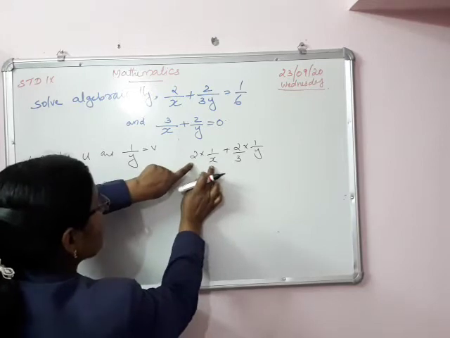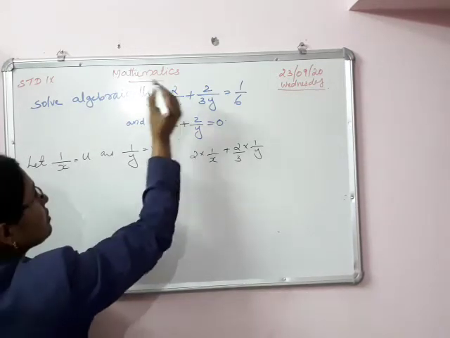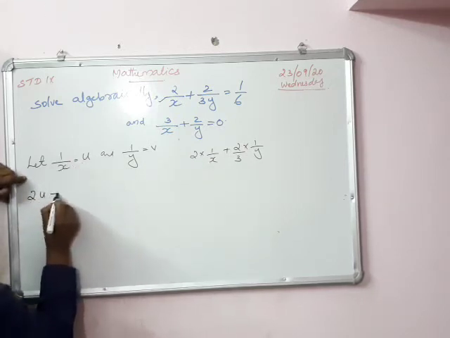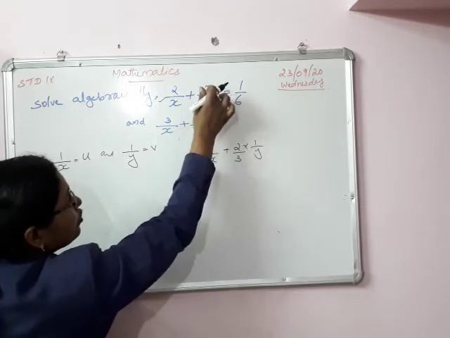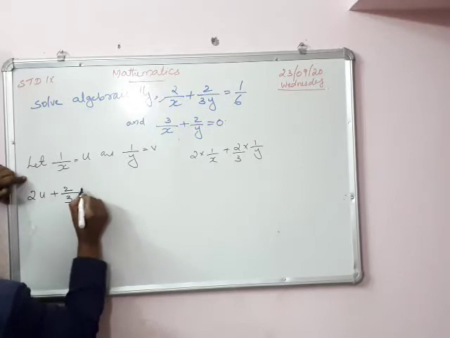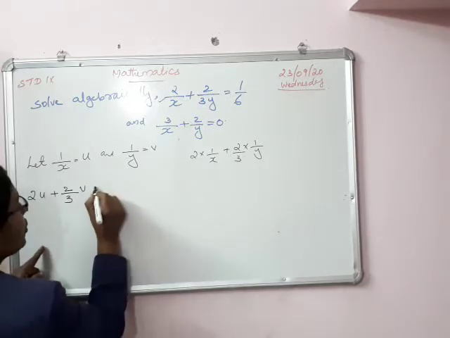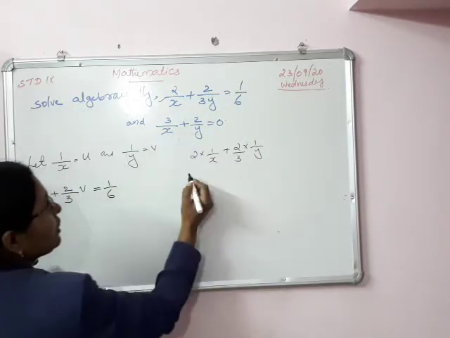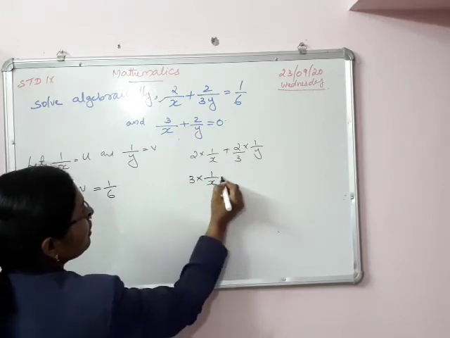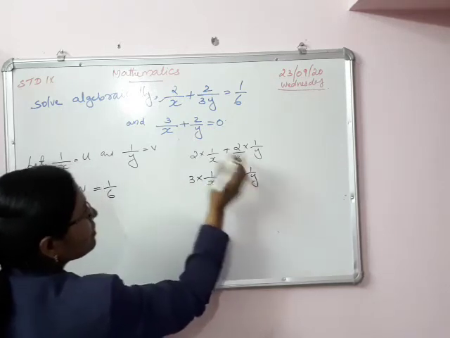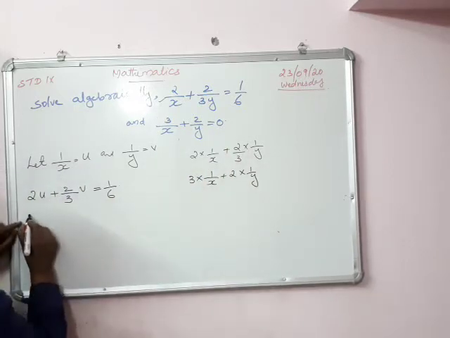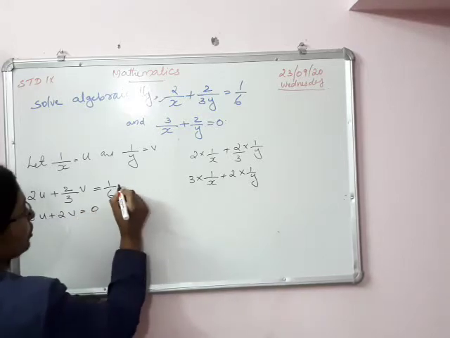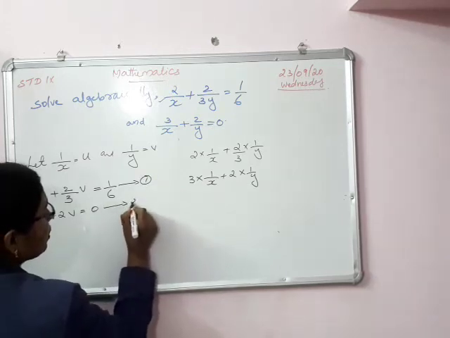So for the first equation, instead of 1 by x we can give u: 2u plus 2 by 3 v is equal to 1 by 6, since there is no variable on the right side. Similarly, the second one, 3 into 1 by x plus 2 into 1 by y, is 3u plus 2v is equal to 0. This is equation number 1 and this is equation number 2.